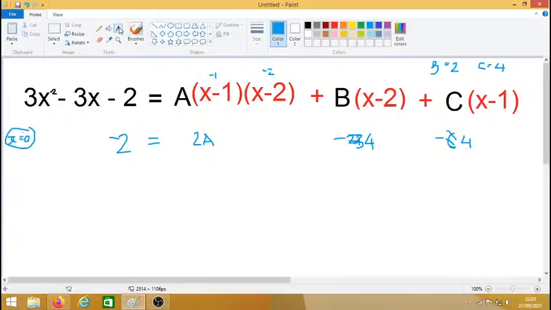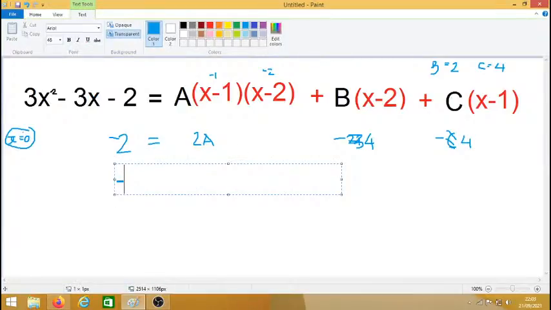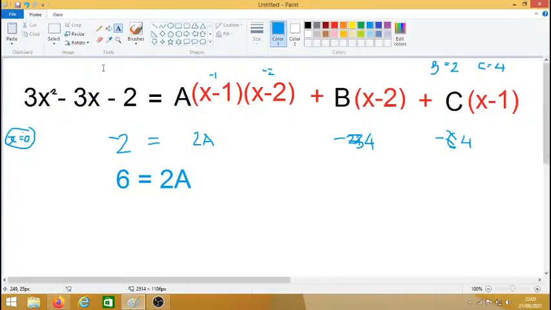We've got minus 2 is equal to 2a minus 4 minus 4. Well, that becomes minus 8. I can take the minus 8 across to the other side as a plus 8. Minus 2 plus 8 is 6. 2 times a has to make 6, so a has to be 3.